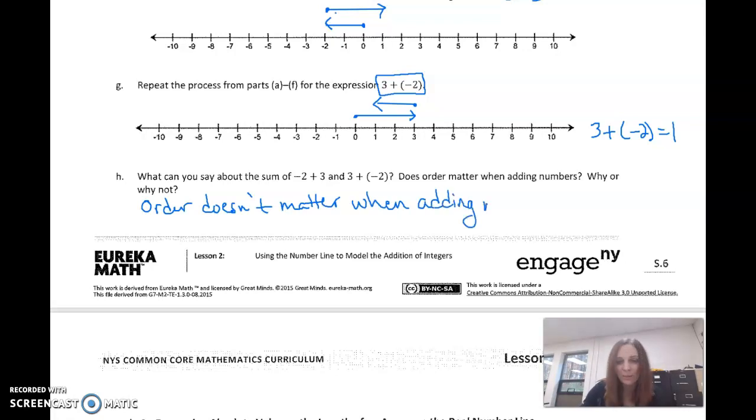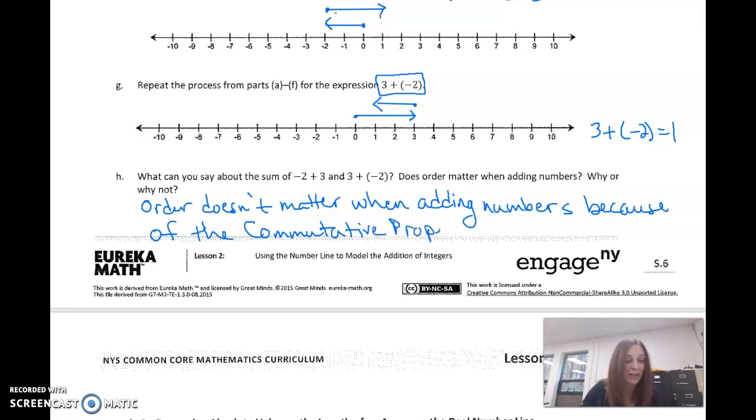And there's a property that is the reason it doesn't matter. Because of the, anybody remember? Commutative. Remember, the commutative property of addition says that you can add in any order and get the same answer. That's why this is only for adding. Okay, if it was subtracting, it'd be something different.